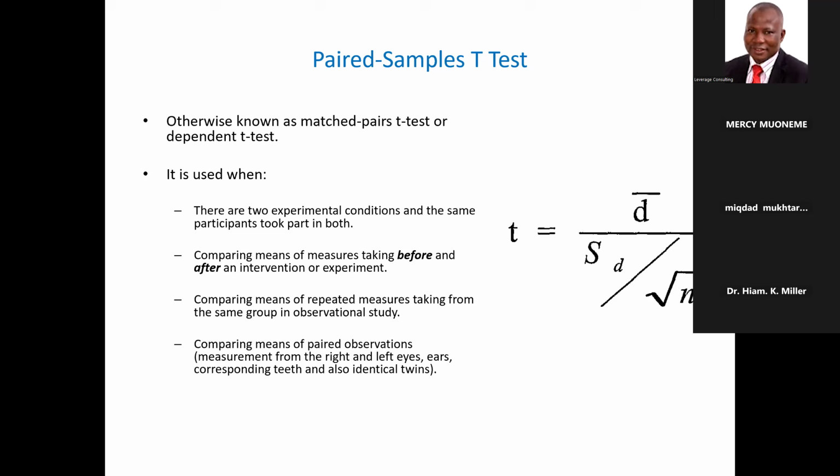Or let's say a blood pressure drug, whatever type of drug you give them. You measure. Then the same set of people, you give them another drug, and you measure again. Both measurements are on the same group of people. That's what they call two experimental conditions where the same participant took part in both. Or you are comparing means of measures taken before and after an intervention or experiment.